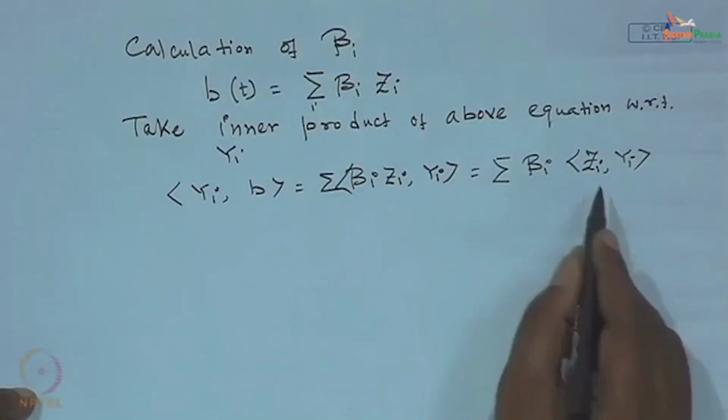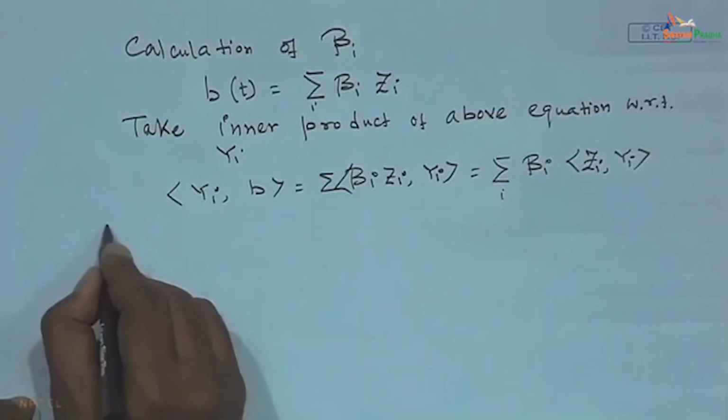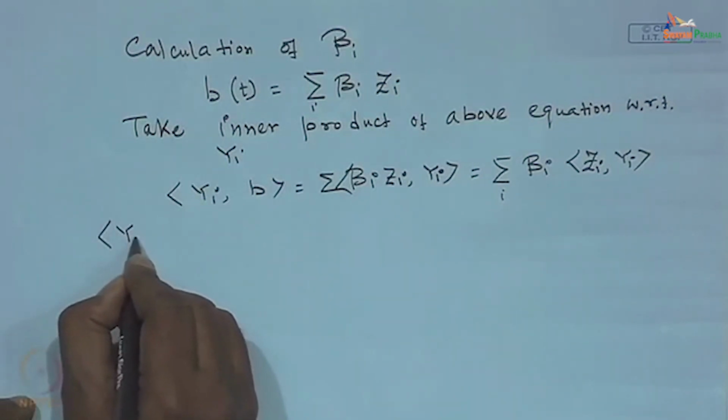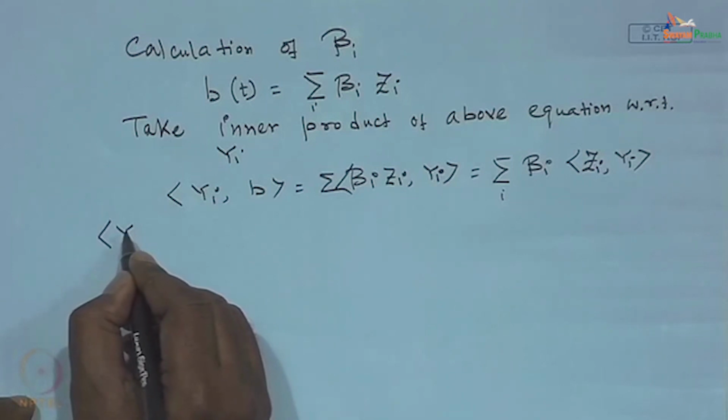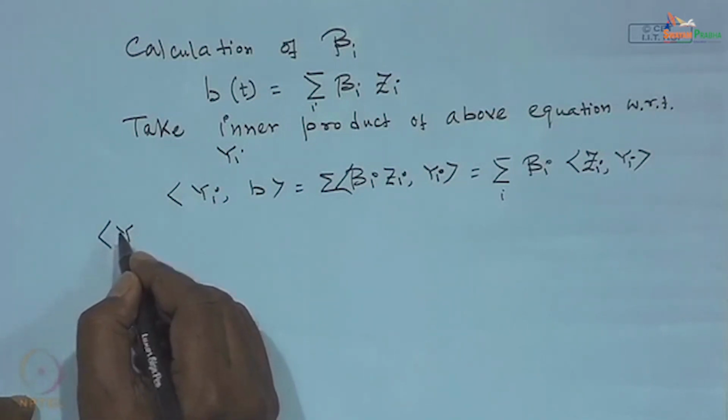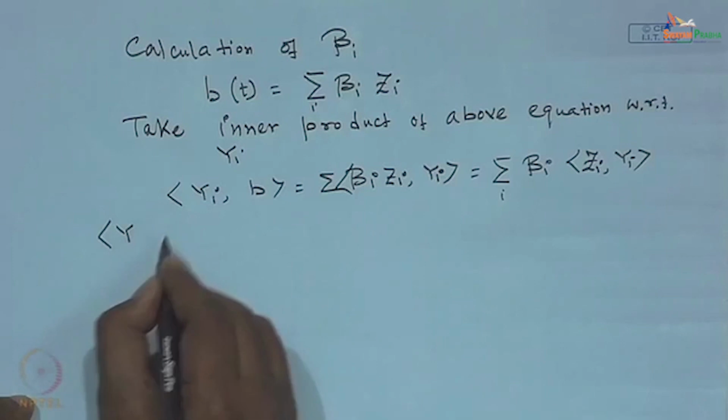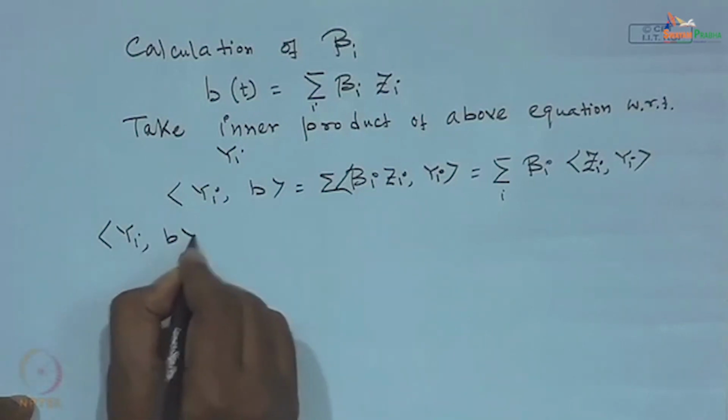Again, one can open up this summation series and see what you get. Let us consider the inner product of y_i and b.